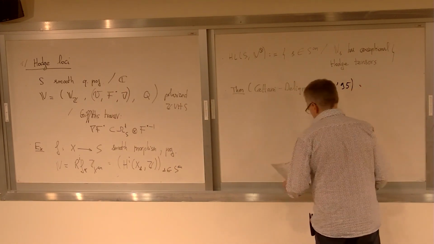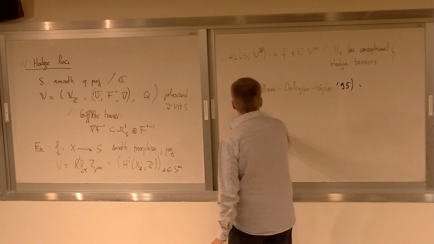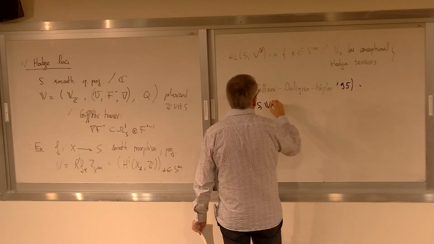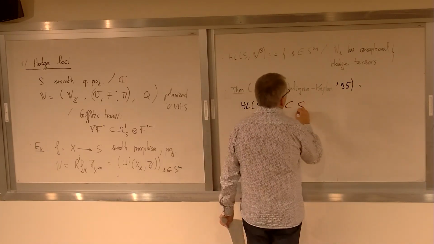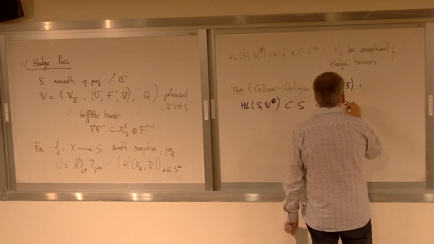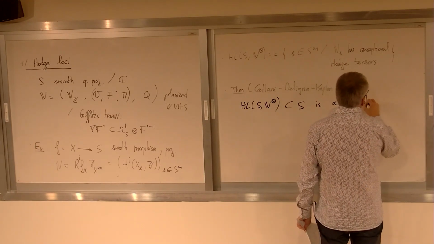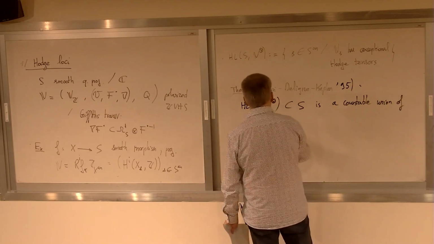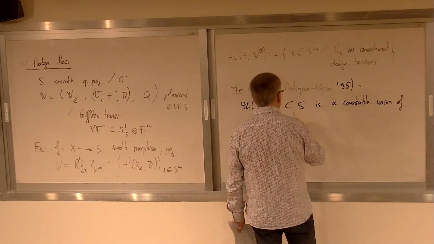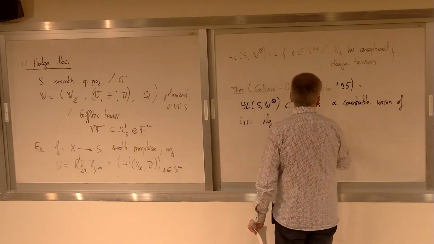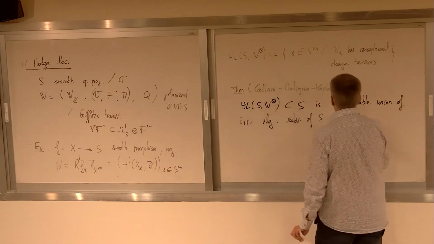It tells you that this Hodge locus, which is defined pointwise, is actually a countable union of irreducible algebraic subvarieties of S.